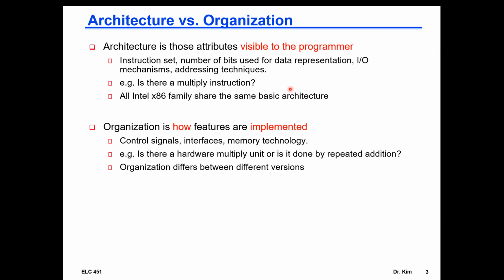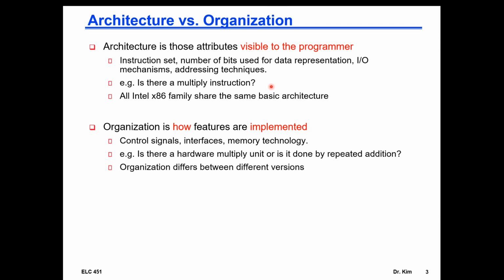We'll be using that. So architecture is your way of communicating the capabilities of that processor to the user in a consistent way. Is there a multiply instruction, as I mentioned, or a divide instruction? You don't need that piece of hardware from an instruction perspective to be able to do multiply, because you could do it with adds and shifts.